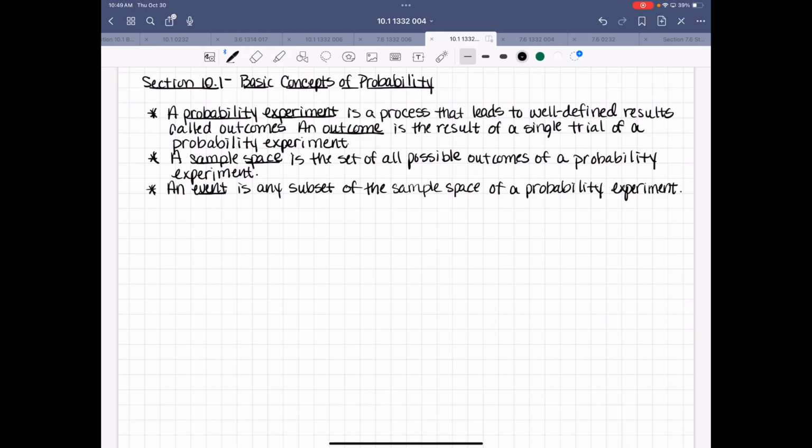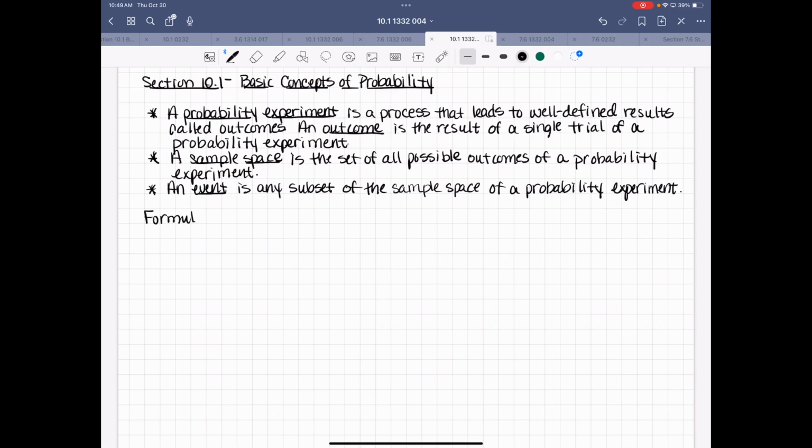We talk about 2 different types of probability. There's theoretical probability, and then there's what we call empirical probability, and empirical is just experimental probability. But we start off talking about the theoretical probability, okay?